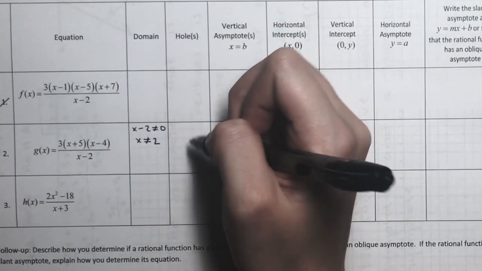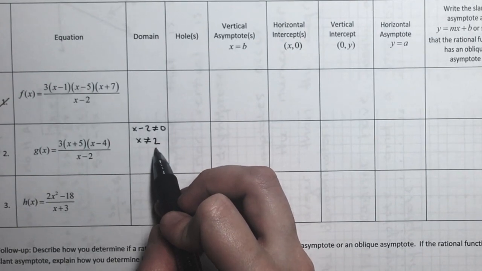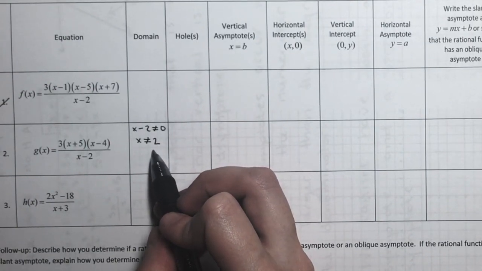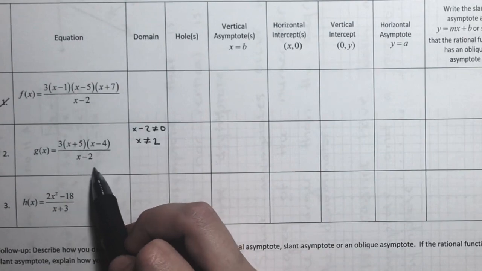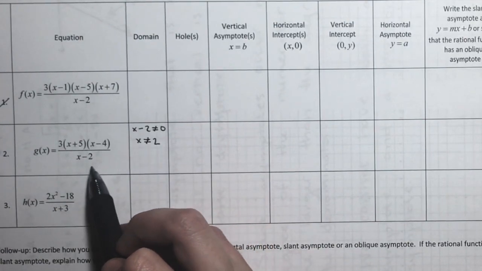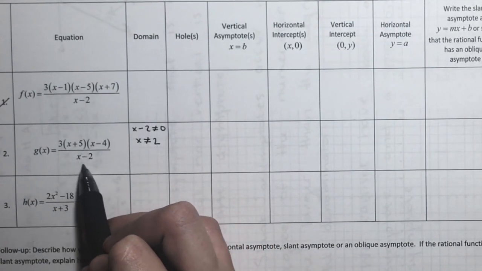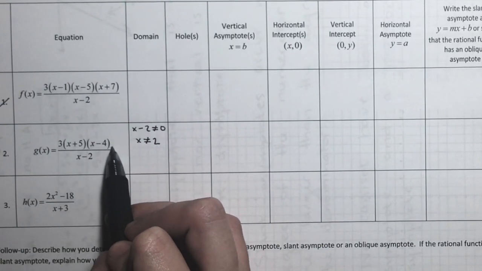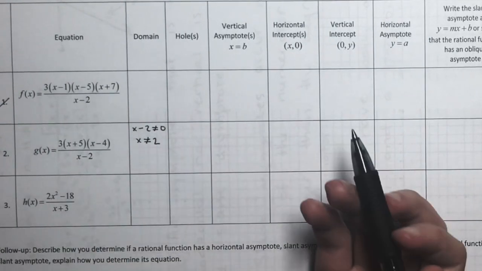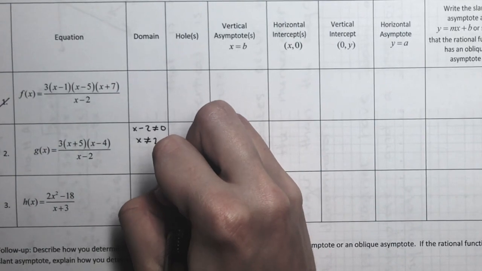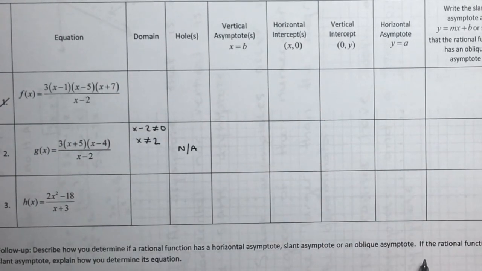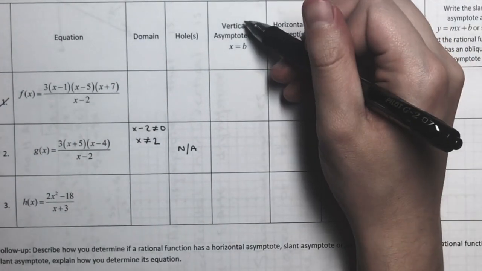So is this a hole? Is x equals 2 a hole? It's not, right? If x equals 2 was a hole, we would need to have another x minus 2 factor in the numerator. But we don't have that, so we have no holes. Not applicable. Vertical asymptotes.